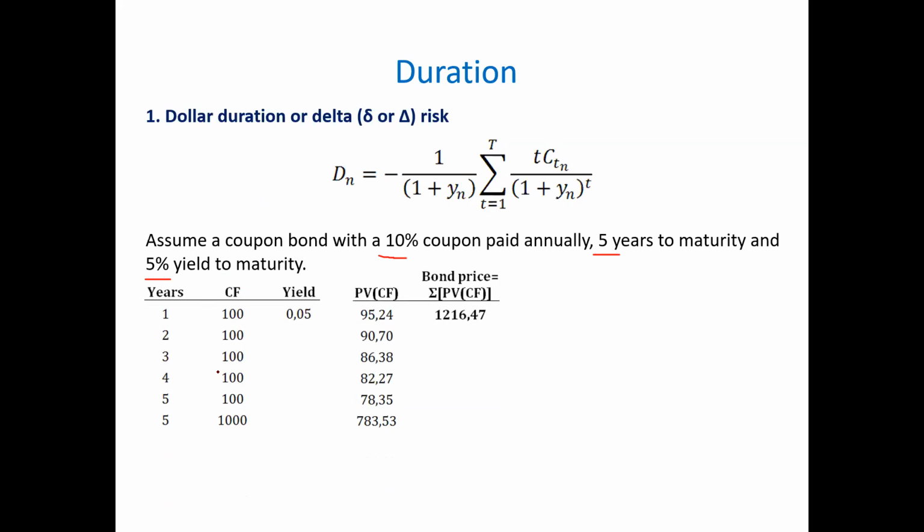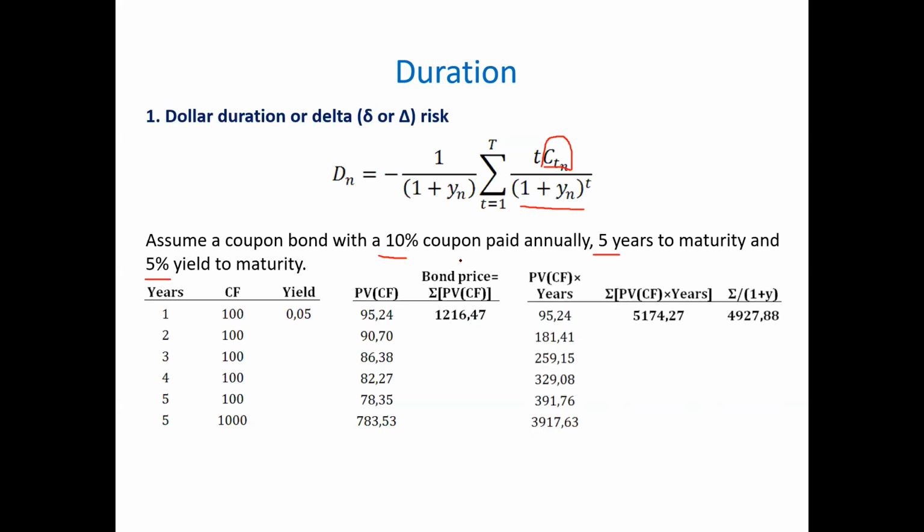So you need to calculate all cash flows, that is CTN. So this CTN, all cash flows, then yield is given, then you calculate present value, that is you take cash flows, you divide by yield to maturity raised to the power, so you get present value of all the cash flows. Then you calculate the bond's price.